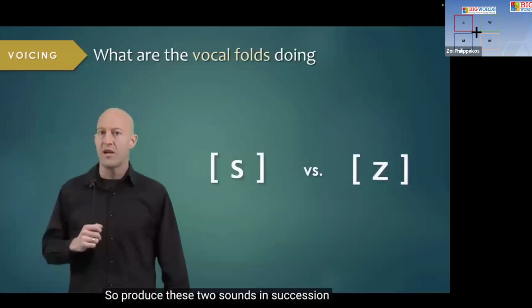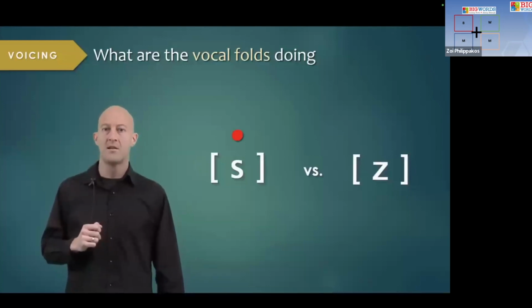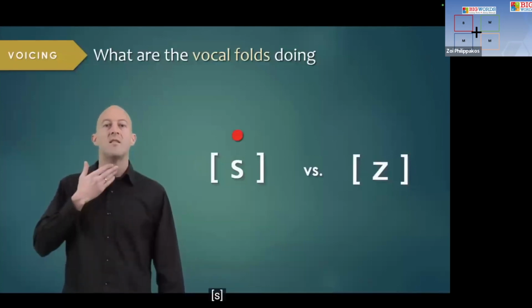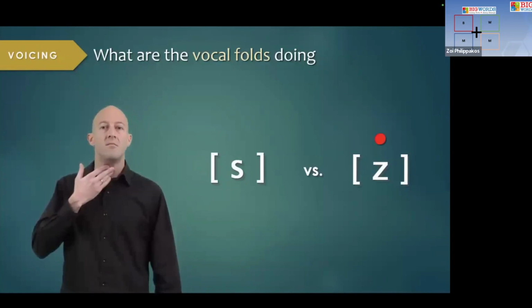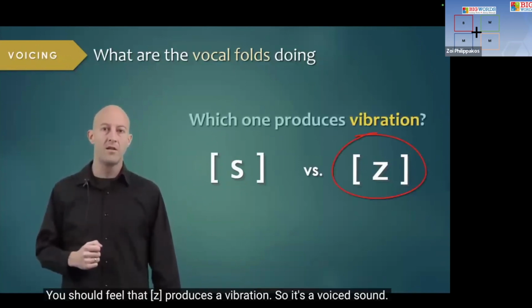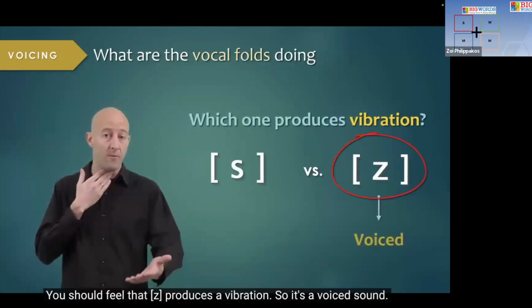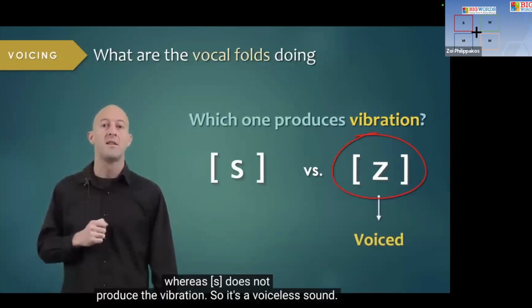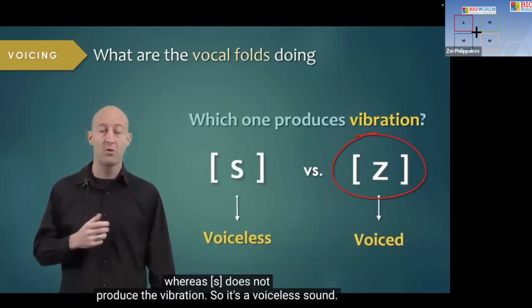So produce these two sounds in succession. Which one produces the vibration? You should feel that z produces a vibration, so it's a voiced sound, whereas s does not produce the vibration, so it's a voiceless sound.